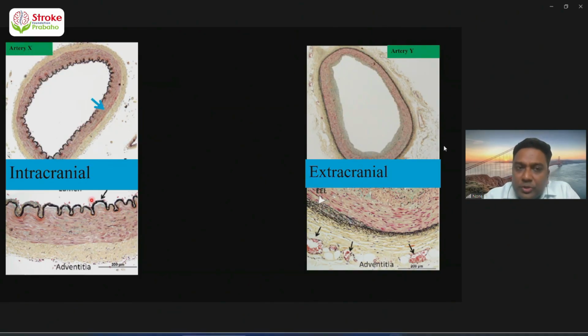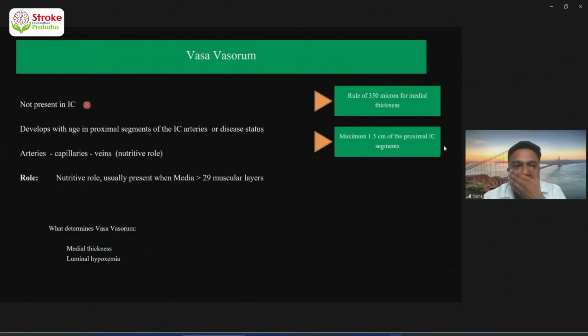So the nutrition to the wall of the artery is from the blood as well as from the CSF. The intracranial circulation is devoid of vasa vasorum, but with age and disease status, the vasa vasorum can be there. And the role of the vasa vasorum is nutritive. Only if there is a very thick medial layer, more than 29 muscular layers, or if the thickness of the media is more than 350 micron, we can see vasa vasorum.